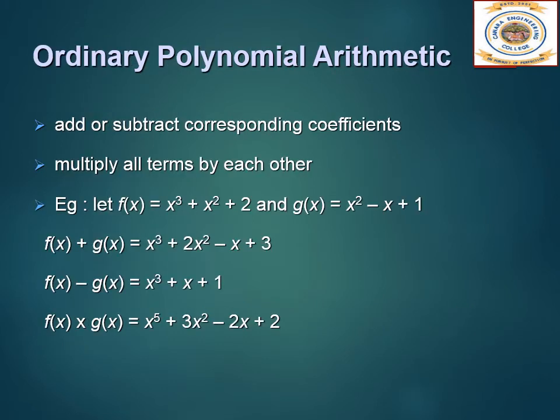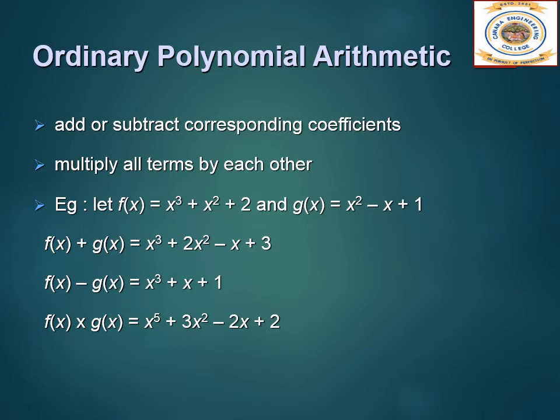Polynomial arithmetic includes the operations of addition, subtraction and multiplication. These operations are defined in a natural way, as though the variable x was an element of the set. Addition and subtraction are done by simply adding or subtracting the corresponding coefficients, and multiplication is done by multiplying all terms by each other.